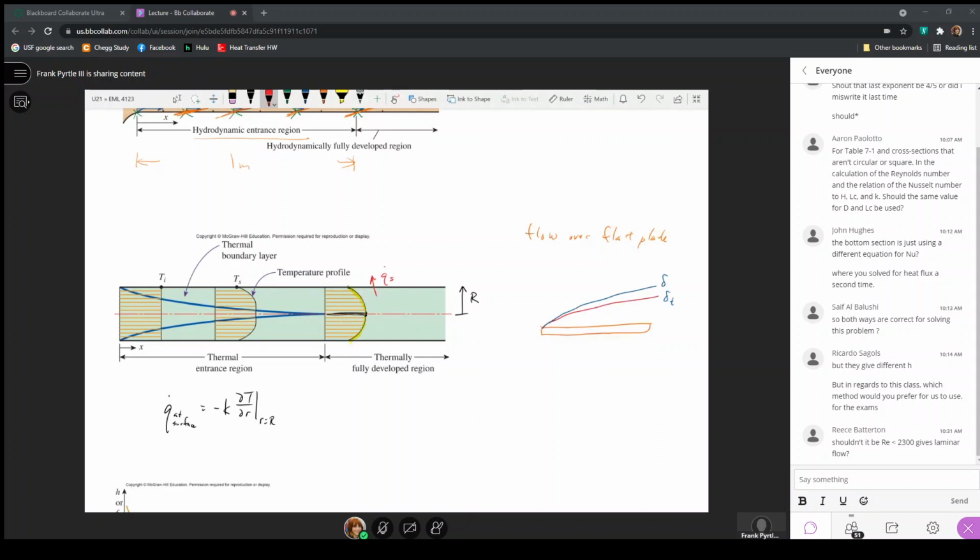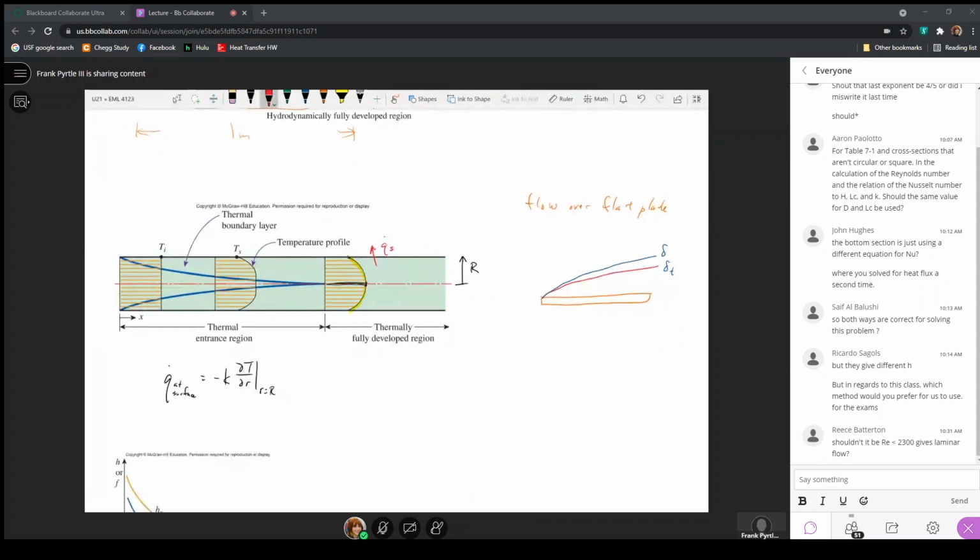But for this expression, if I had a constant heat flux out of the surface here, then all it says is that if the thermal conductivity is a constant and the heat flux is a constant, dT/dr, the slope of this line, would have to be a constant, which is a definition of the shape, but the magnitude could actually change.